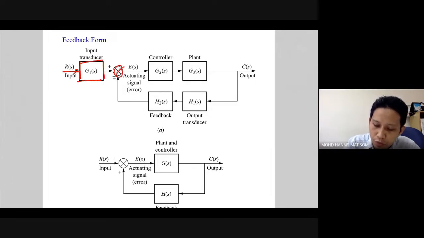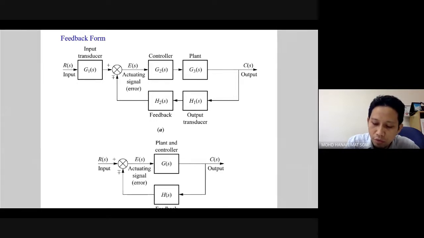It goes into a summing junction that takes into consideration the feedback. That is actually the actuating signal or error here. Then it goes to the controller, plant, and the output, C(s). So this is where we have the feedback path.